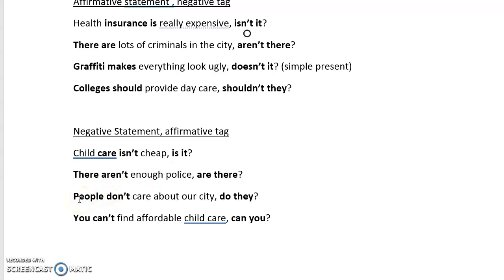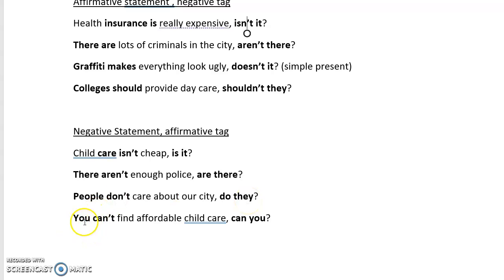This is a little more simple than the affirmative when you have present tense. People don't care about our city. So here we see don't. So we're just going to use the opposite, do. We're using do and they because the word they is referring to the subject people, plural.